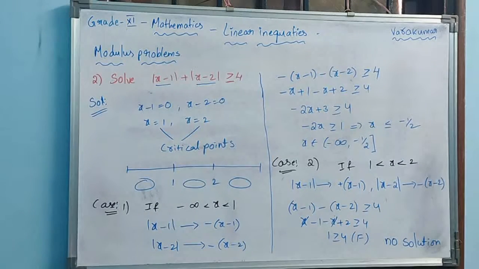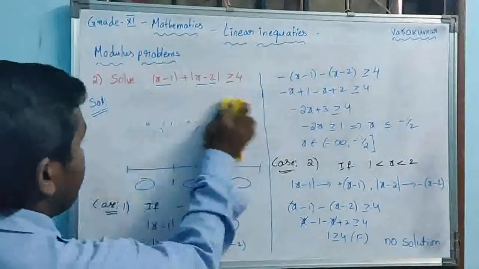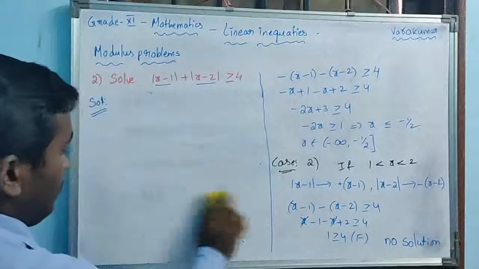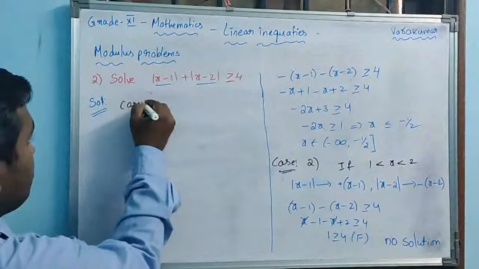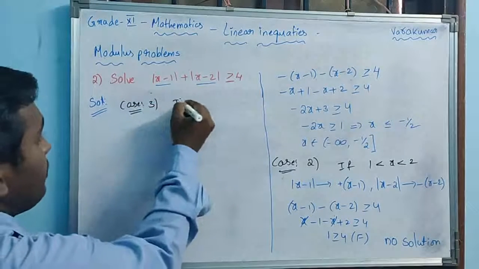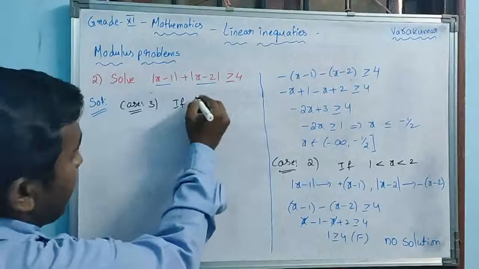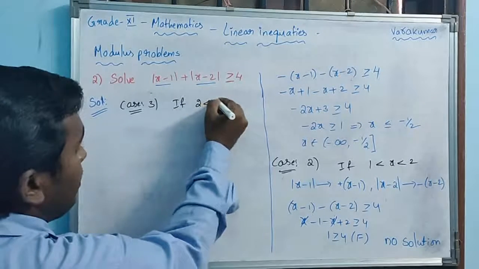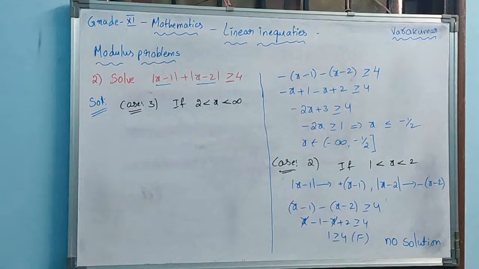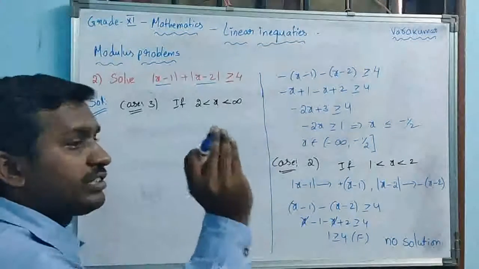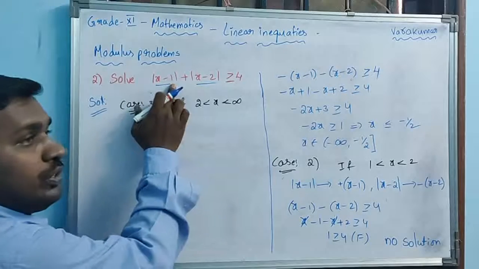So let me go through case 3 also. In case 3, x lies between 2 and infinity, 2 < x < ∞. Take one example, 2 above, suppose 3. 3 - 1 is 2, so it is positive.